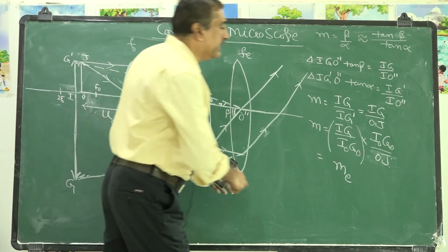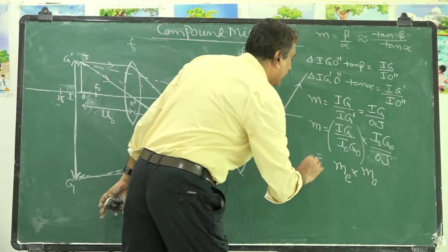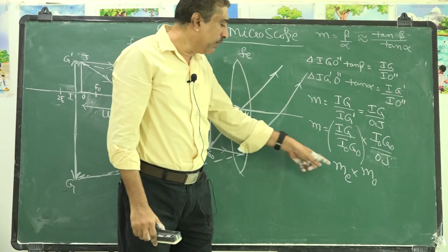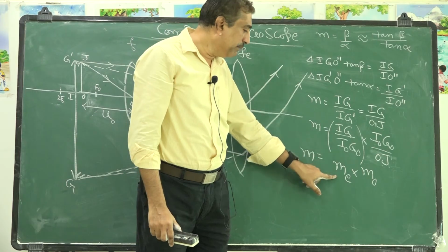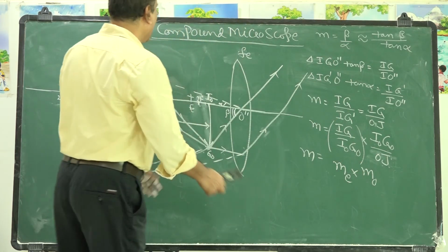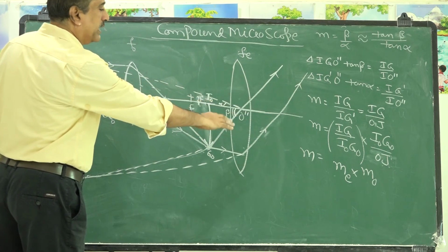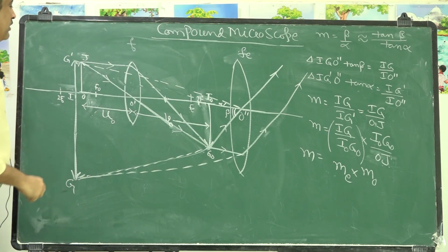That means this can be written as the magnifying power of the objective. So the magnifying power of this compound microscope is the product of the individual magnifying powers of the eyepiece and objective lens. Now we derive expressions for the magnifying power of the eyepiece and also for the magnifying power of the objective.